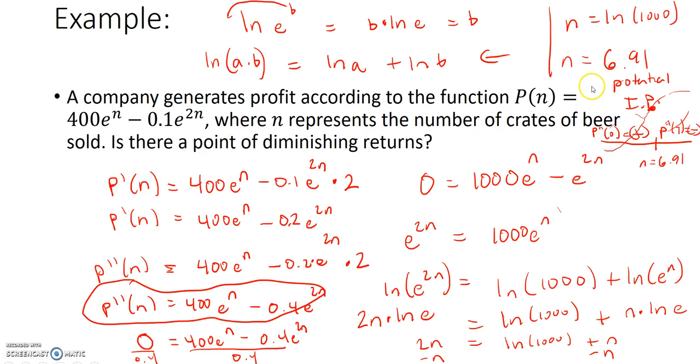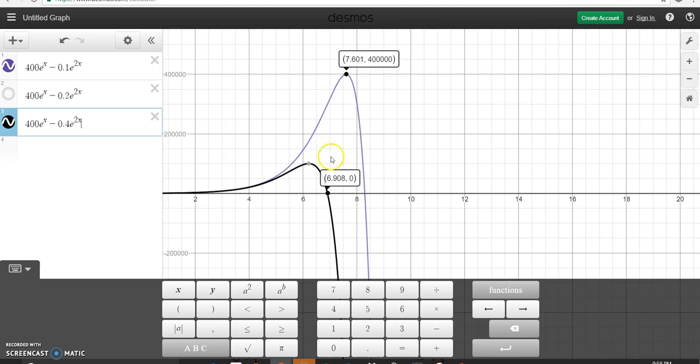At n equals 6.91, I have a point at which, right around here, the function officially goes from concave up to concave down. So when I'm selling 6.91, whatever, million, thousand, hundreds of crates of beer, that's where my revenue is still rising, but it's rising at an ever so decreasing rate.